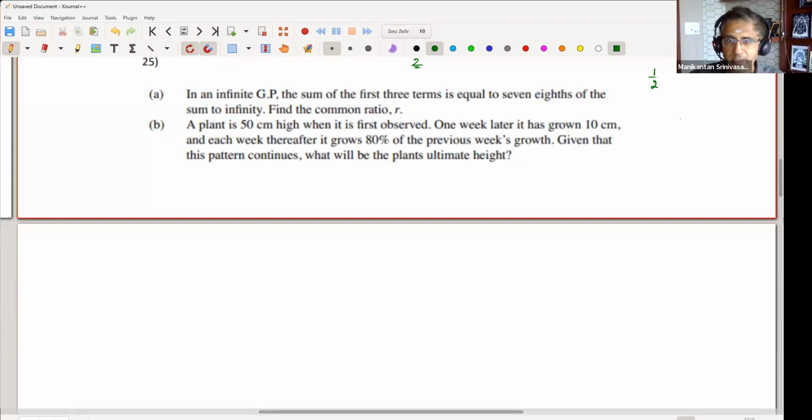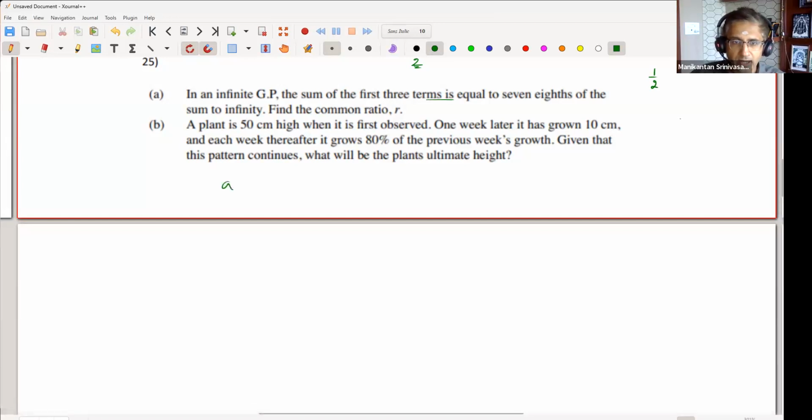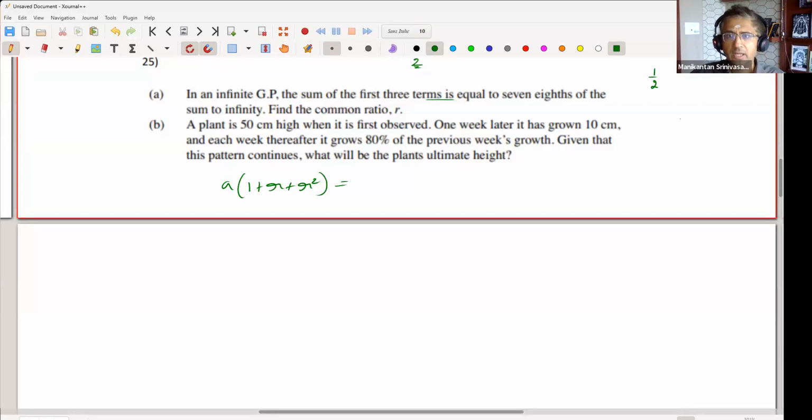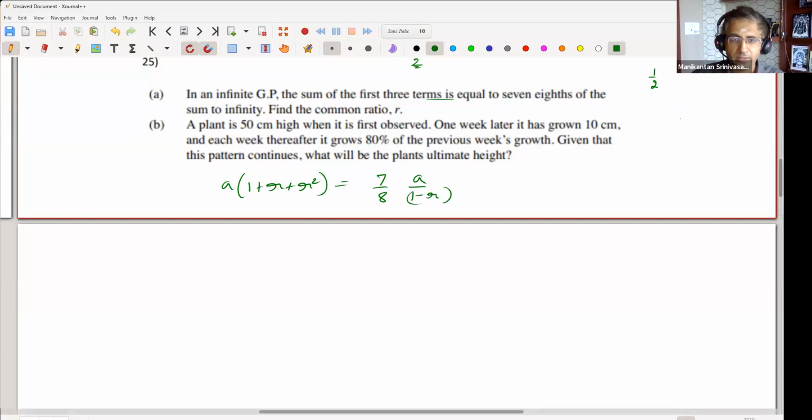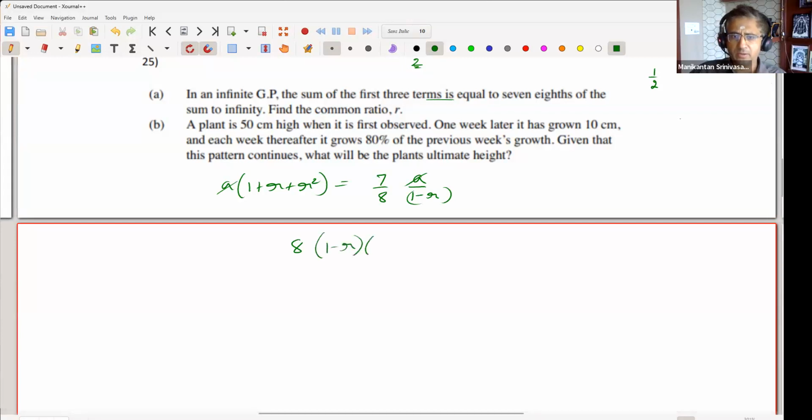In the GP, the sum of the first 3 terms, A into 1 plus R plus R square, equal to 7/8 of the sum till infinity, A by 1 minus R. Okay, so A gets cancelled, and then I can cross multiply: 8 times 1 minus R times 1 plus R plus R square equal to 7.